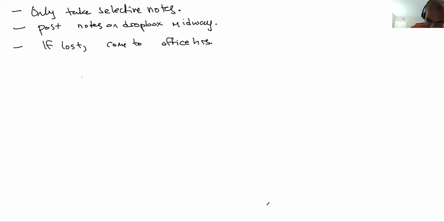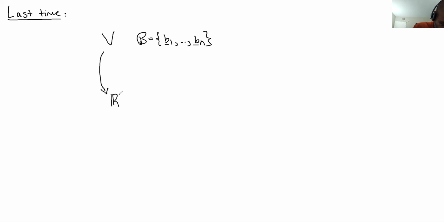Okay. So let me now briefly review what we did last time, or last two times. Last time and the time before, we developed this correspondence principle, which was based on isomorphism. If you have a vector space V and it has a basis, let's say b1 through bn, then there's an isomorphism between V and Rn given by the coordinate mapping, and its inverse is this map P_B.